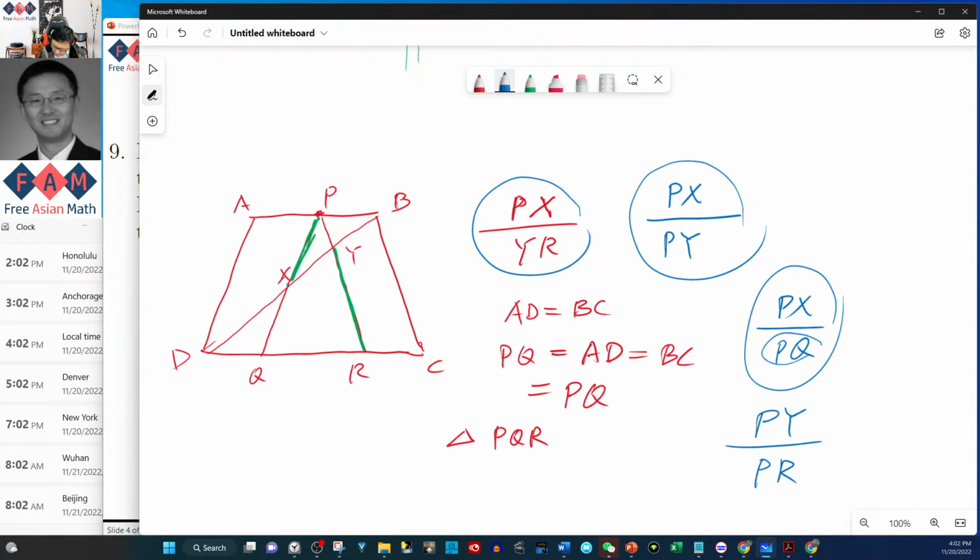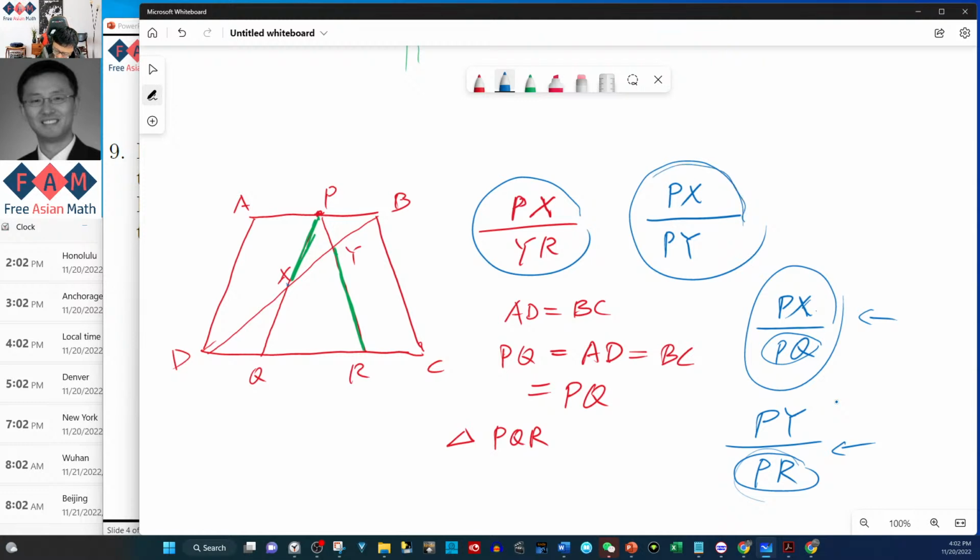But the PQ and the PR are congruent. So that means that in terms of fraction, we are talking about the same denominator here. So if we know this ratio and we know this ratio, we will be able to figure out the ratio between Px and Py. Because the bottom PQ, PR, they are the same.